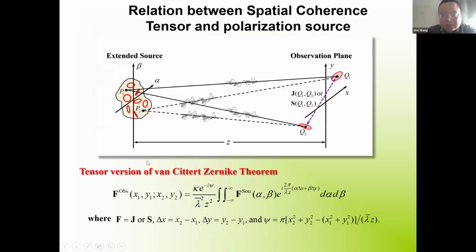Through this kind of geometry, we can quickly see that this equation represents the tensor version of the van Cittert-Zernike theorem. No matter whether we represent the source as the polarization matrix or the Stokes vectors, we are able to relate this source distribution to the far-field coherence phenomenon as a matrix-based Fourier transform relationship.